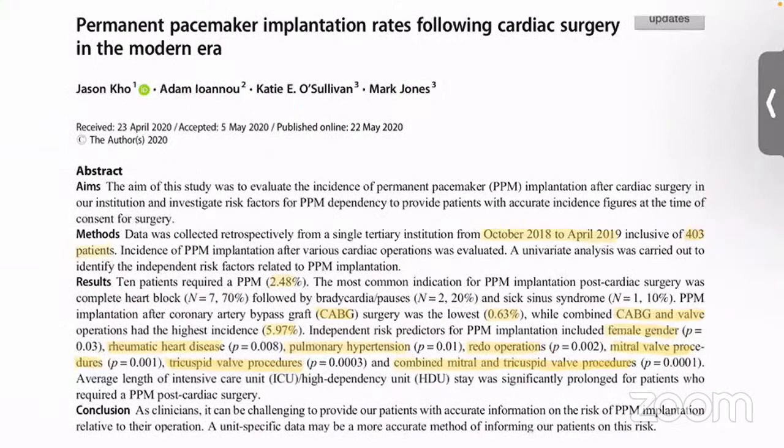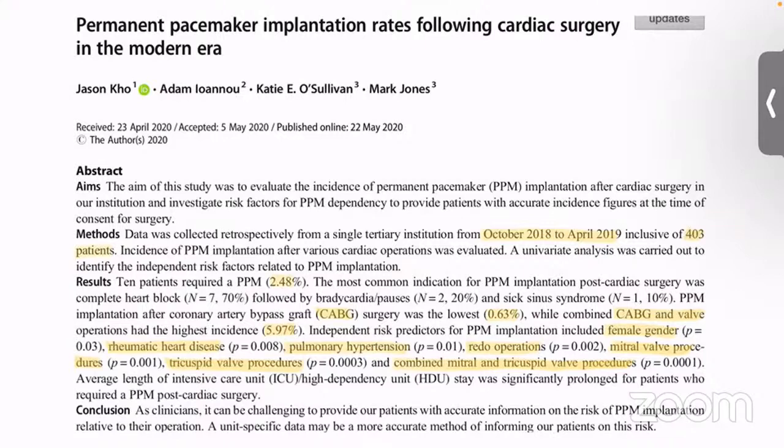This is another study, on permanent pacemaker implantation rates following cardiac surgery. They collected around 400 patients from 2018 to 2019, and 2.4% of those patients required permanent pacemaker insertion.